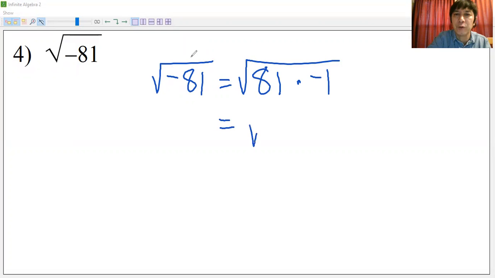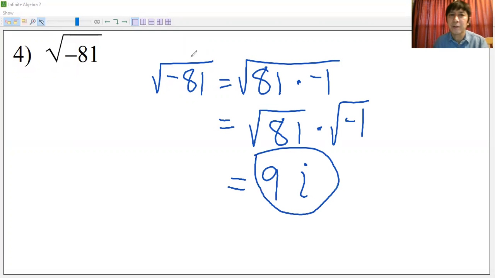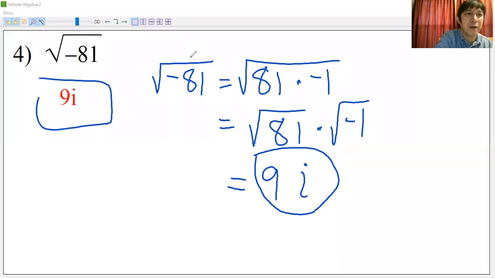And this is equivalent to 2 square roots multiplied together. And so square root of negative 1 is the imaginary number. Square root of 81 is exactly 9. So that means 9i. And that's the answer. 9i. Okay, so we can check that over here. All right, 9i. There.